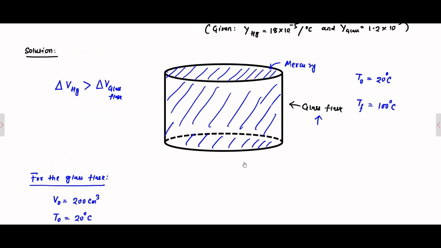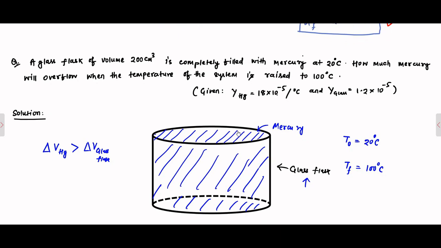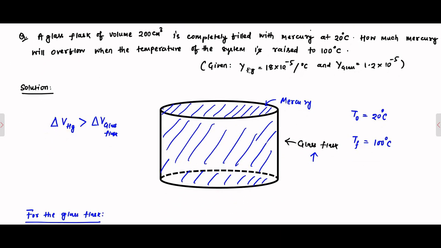And here another thing is given in the question, I think I forgot to mention it, that the coefficient of volume expansion for both the mercury and glass is given. For mercury it is 18 into 10 to the power minus 5 per degree Celsius, and for glass it is 1.2 into 10 to the power minus 5 per degree Celsius.